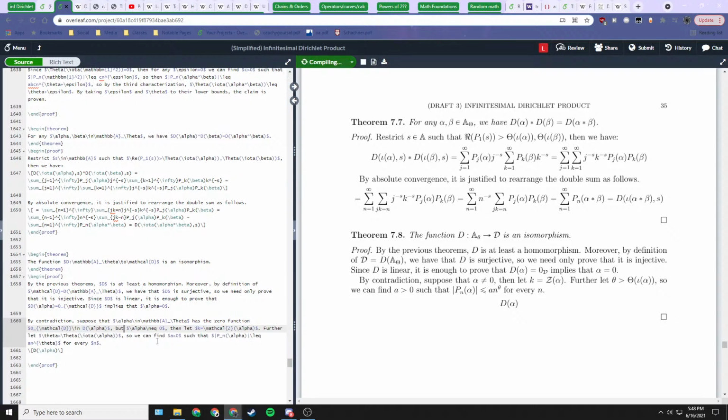Okay, so setting up all these premises, by contradiction, suppose we have an alpha and a theta which has the 0 function in its D alpha equivalence class, but alpha is non-zero. So we can let k be z of alpha, again that's the lowest index for which alpha is not 0.